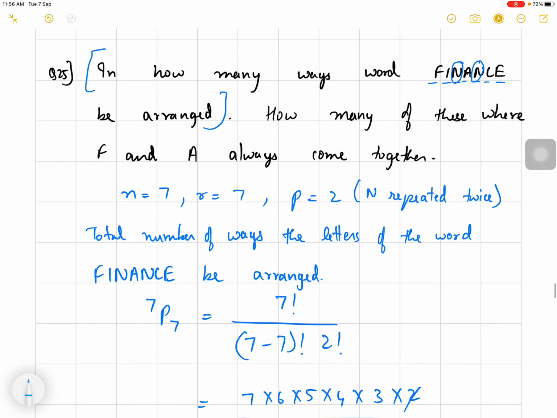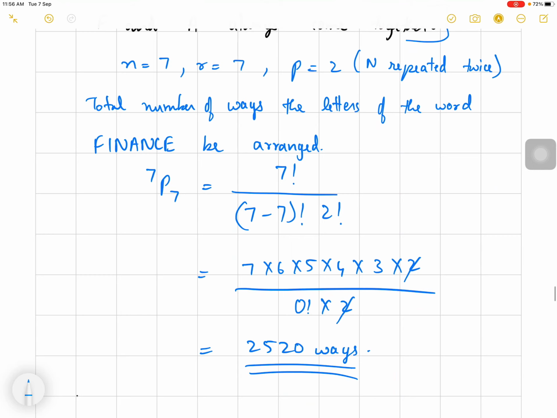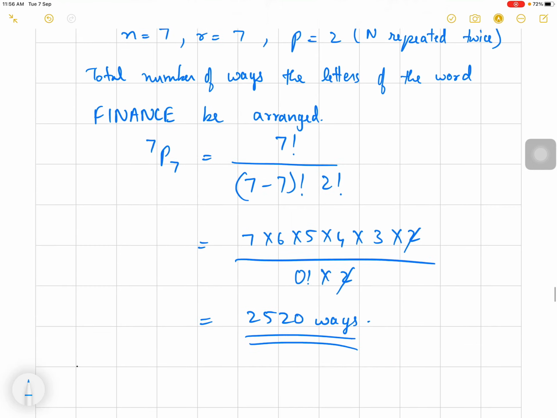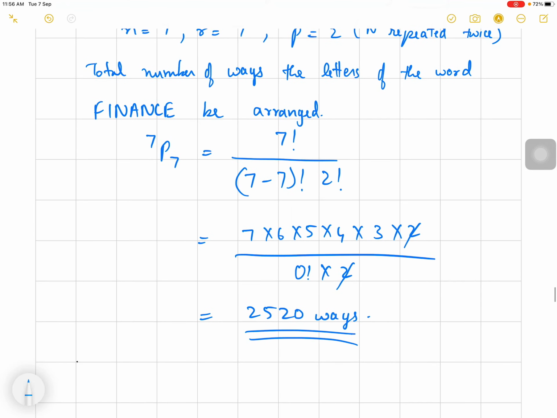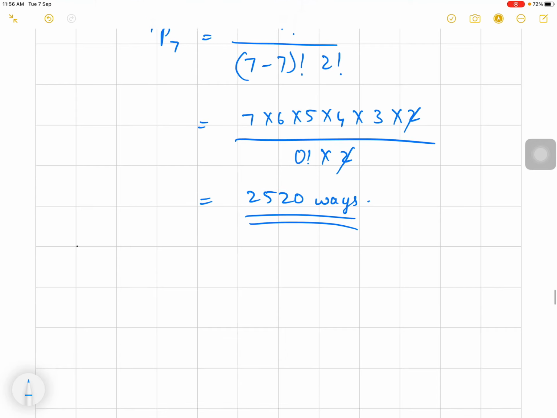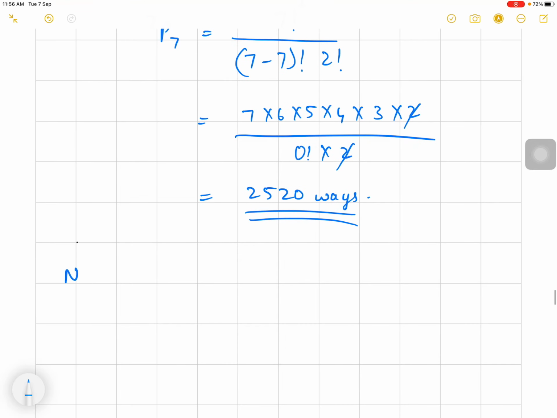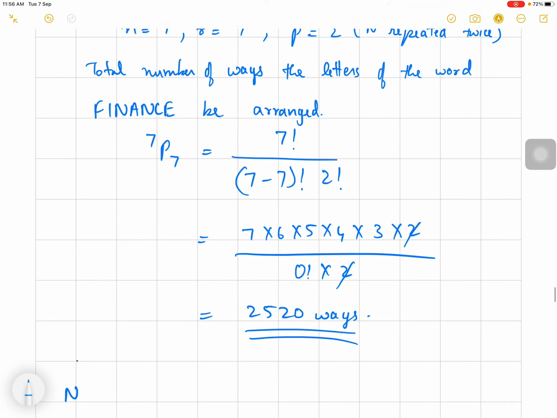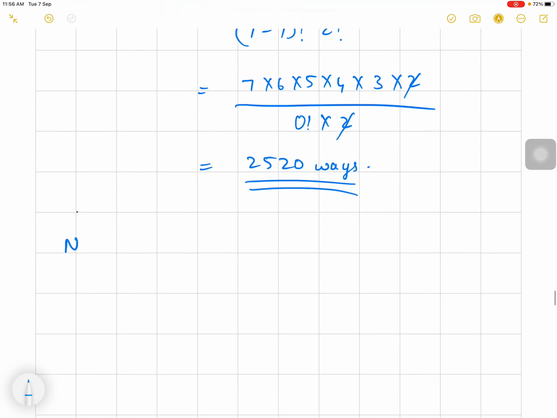Okay, now next part of the question: how many of these where F and A always come together? So F and A are always together, so you will consider it as one letter. Now N and R will become 6. N is equal to 6, R is equal to 6.